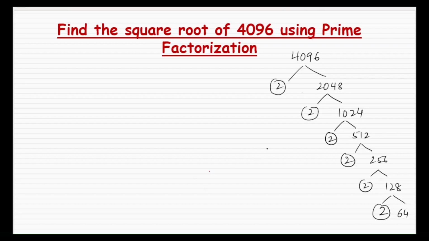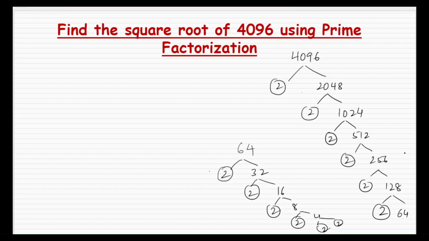Okay, I'll split this 64 on this side. 64 is 2 times 32. And 32 is 2 times 16. 16 is again 2 times 8. 8 is 2 times 4, and 4 is finally 2 times 2. Okay, because the number was big, of course we will have many prime factors.